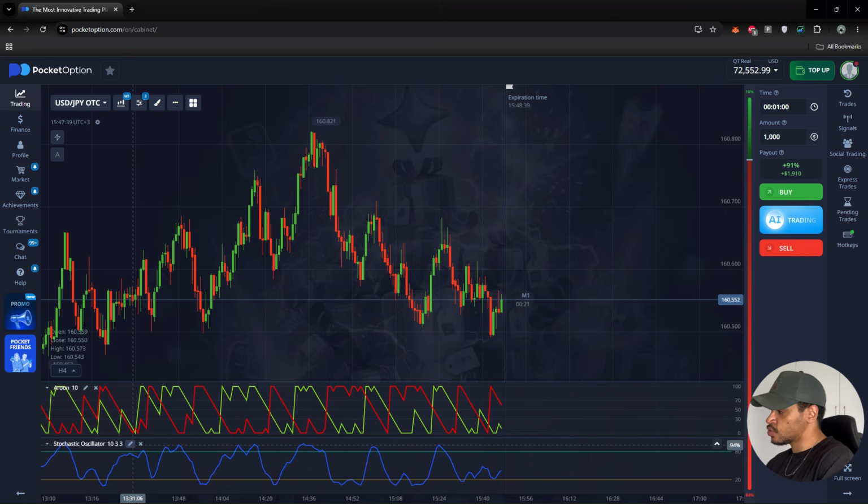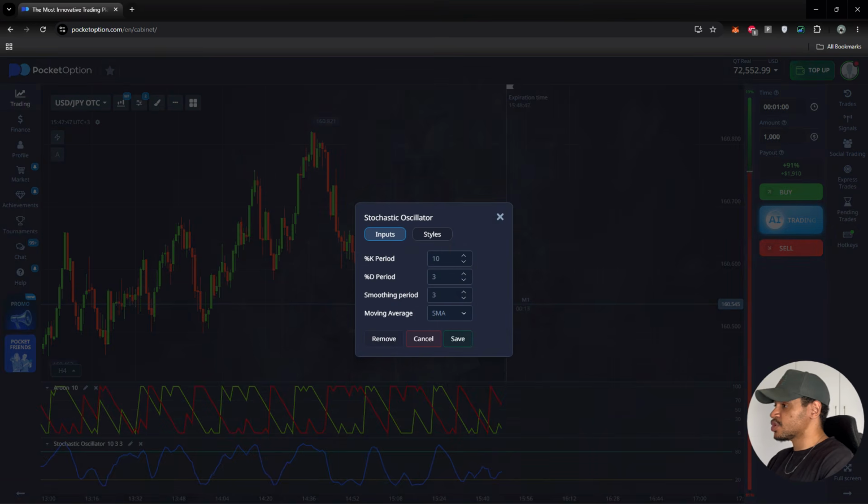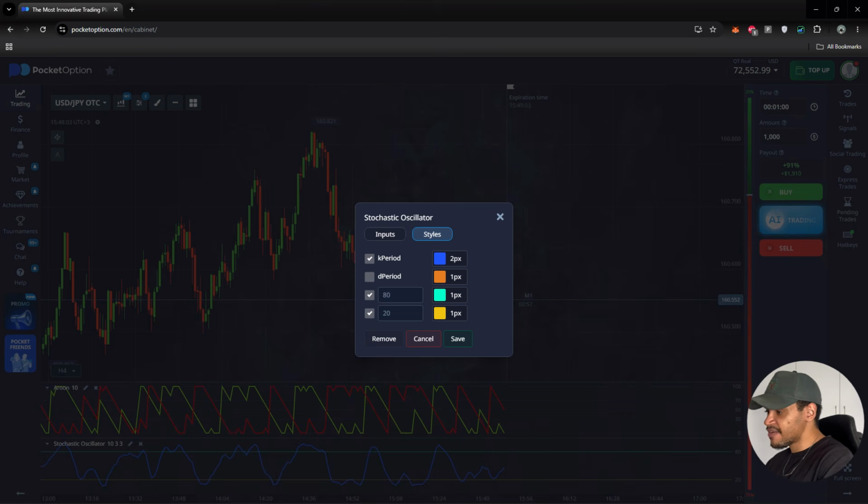And now we get back to the Stochastic Oscillator, which normally I leave with 2 lines up, but for this one specifically I decided to switch it up a little bit. So what we're gonna do here is set the K period to 10 and keep everything else as it is, moving average SMA. And for the styles, we're going to turn the K period to 2 pixels and we're going to completely disable the D period. And that is everything that you need.